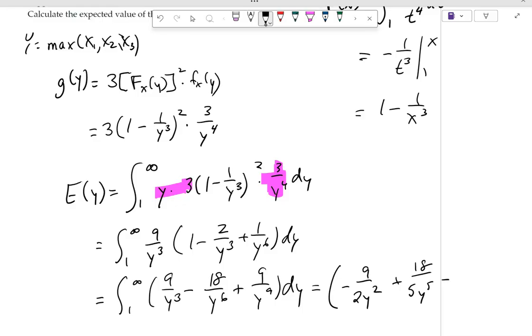And the last one will be a 1/8 y to the negative 8. And what happens when you plug infinity in for y? It goes to 0. Good.